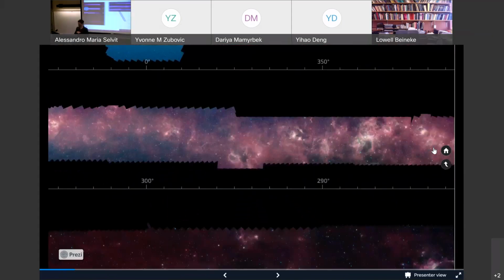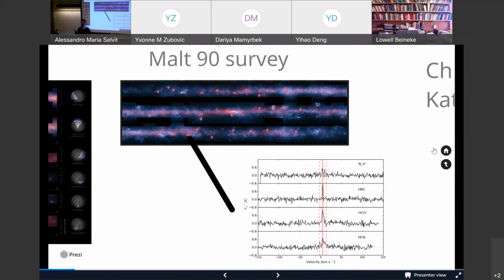Before I get to the computer simulations, I want to bring in a second complementary survey that was done. I was not personally involved in this survey. It's called the MALT 90 survey. It was done with a radio telescope down in Australia. The 90 stands for 90 gigahertz, the frequency of radio light that it observed. They took a different approach. Instead of using their telescope to do a complete survey of the whole Milky Way galaxy, they chose select positions that they thought would be especially interesting, where they thought stars would be forming, say.